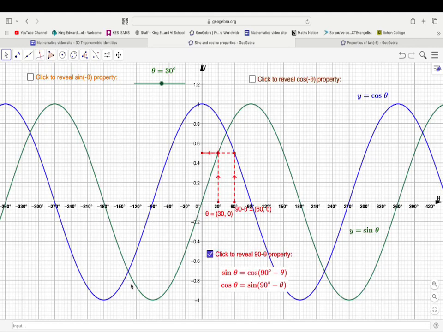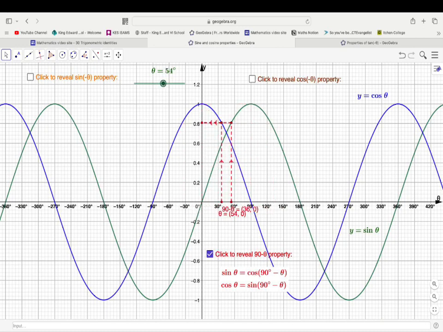So these two identities are the same. For example, cos of 60, and 90 minus 60 is 30, and that's true for all different values of angles.